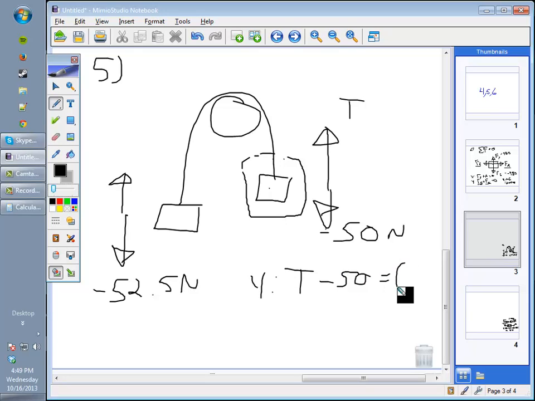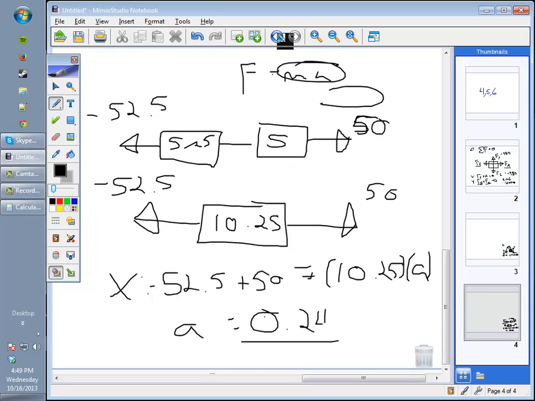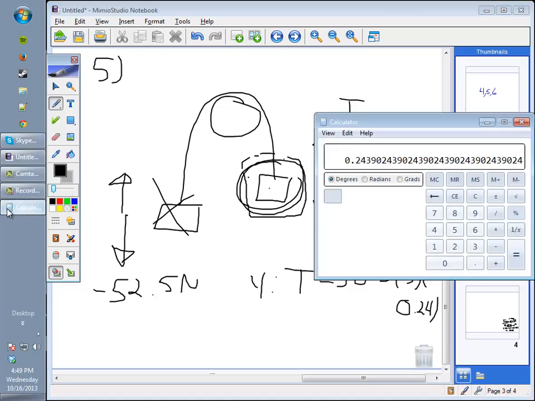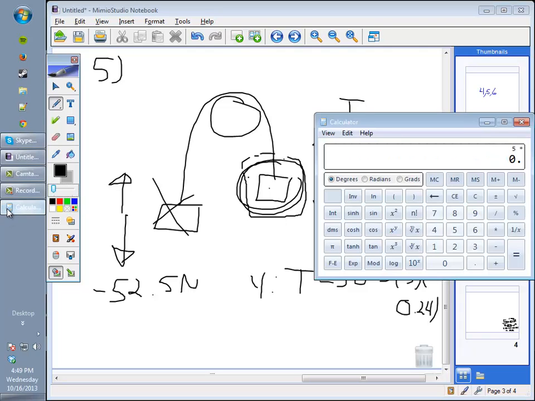And my net force in this case is just of the system. I don't care about that block. I just care about my system over here. So I take my 5 kilograms times the acceleration that block is moving to, which we just said was 0.24, and I calculate it from there. So it's going to be 5 times 0.24 plus 50, so 51.2.